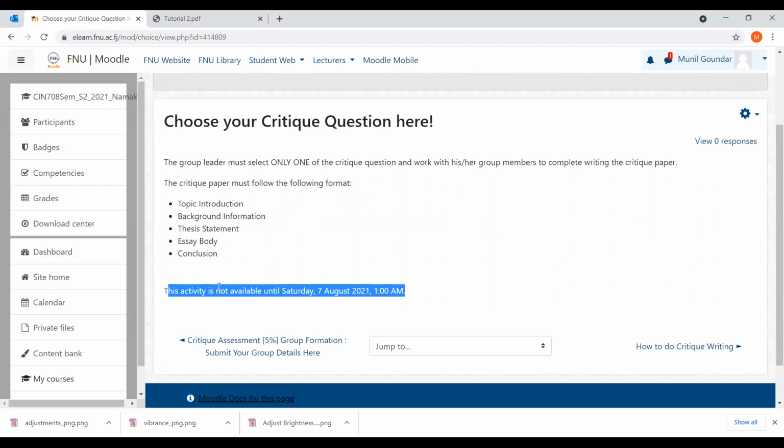But here's a catch. If a group selects a question, that question becomes unavailable to the other groups. Let me repeat that. If a group selects a question, that particular question becomes unavailable to the other groups. Now you must be thinking, why Saturday, 1 a.m.? Why not today, when the question was released?